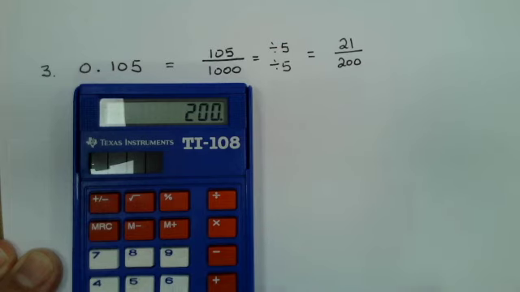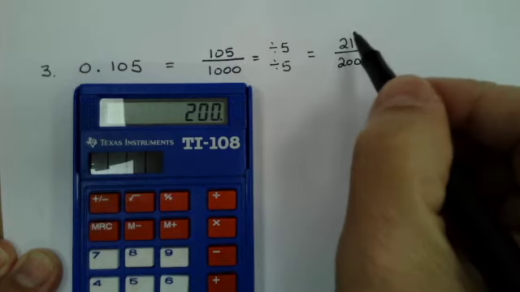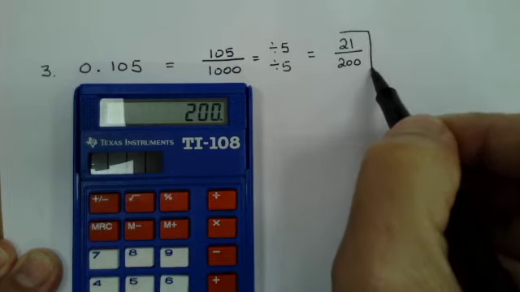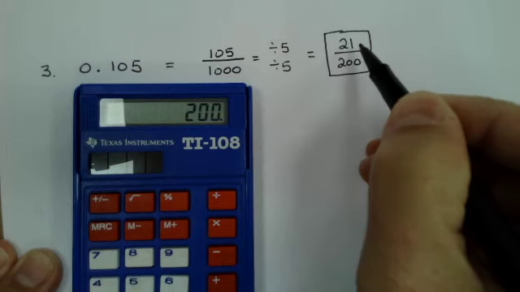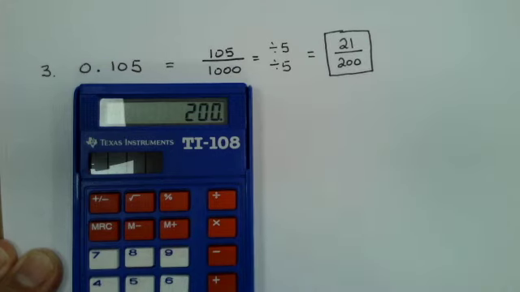Two numbers I know that will go into 21 are 3 and 7. 3 and 7 won't go into 200, so this is it reduced. 21 over 200 is the same thing as 0.105.